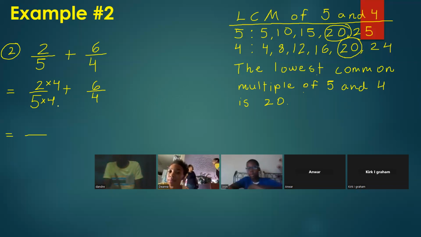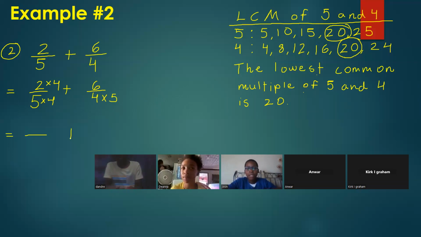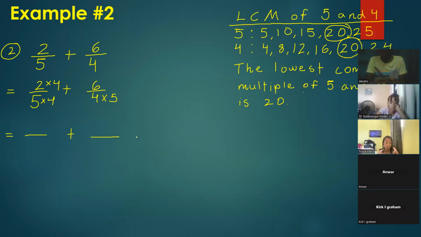We're gonna multiply the 4 by 5. Why? Because that's the least common multiple, you could find 20. Okay, so 4 times 5 is 20.